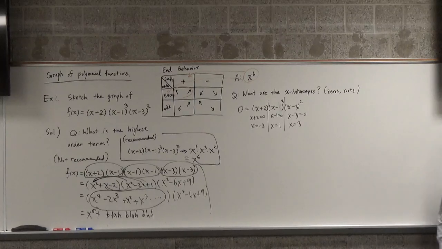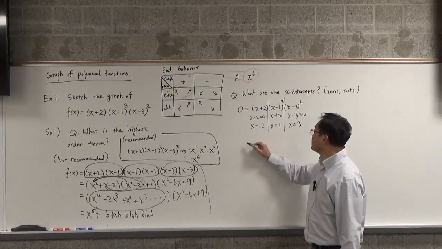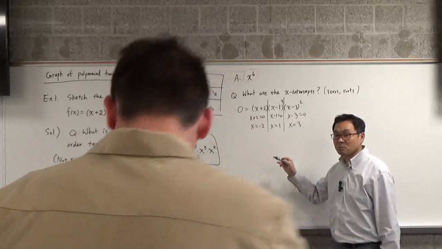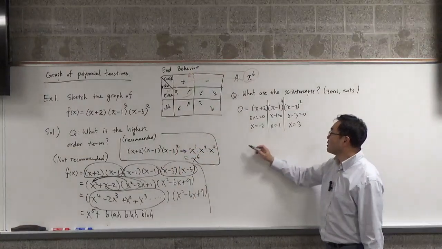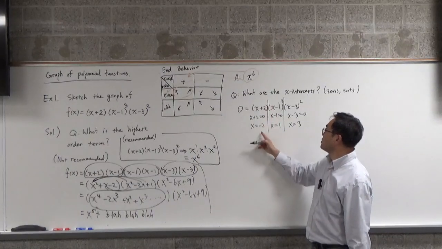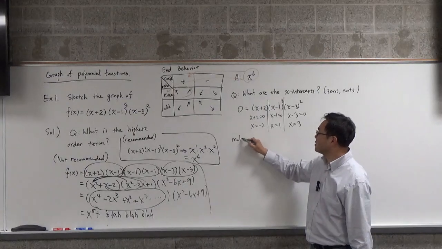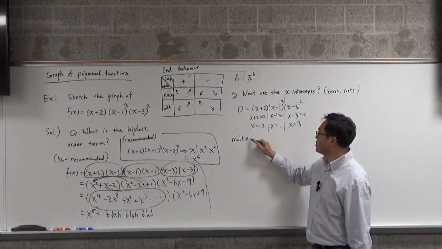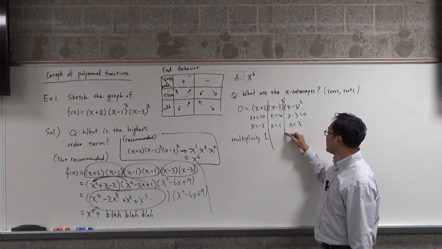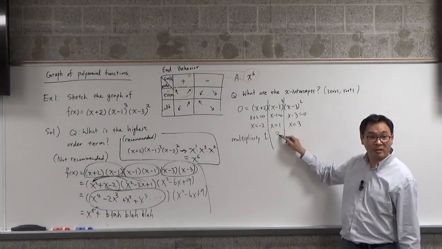So coming back, I want to say that these roots also have multiplicities. If you look at this, x plus 2 is the first power, so this has multiplicity of 1, and then what's the multiplicity of this one? 3, right?